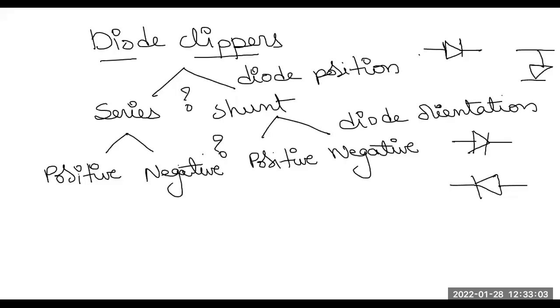Okay, so now let us move to the next one. It's talking about each of these clippers. First let us look into the series clippers and then we will move on to the shunt clippers. Let us talk about the first one, which is called a series clipper.